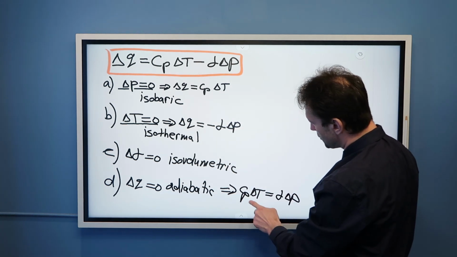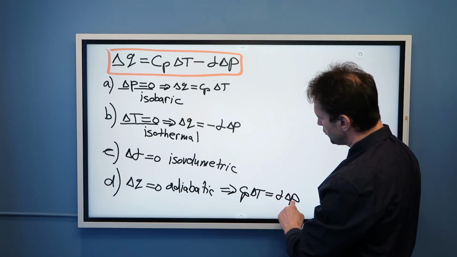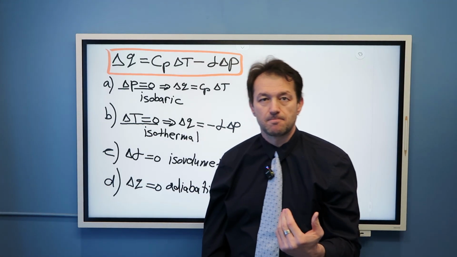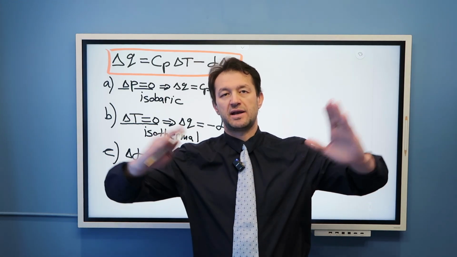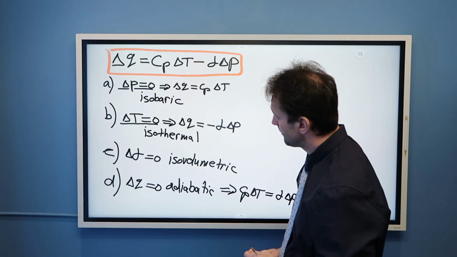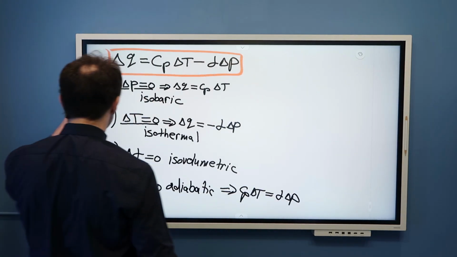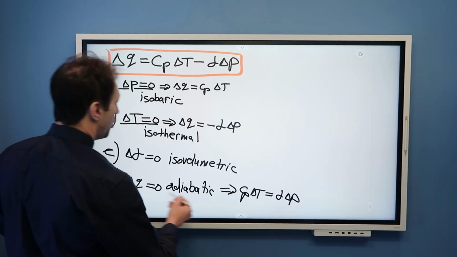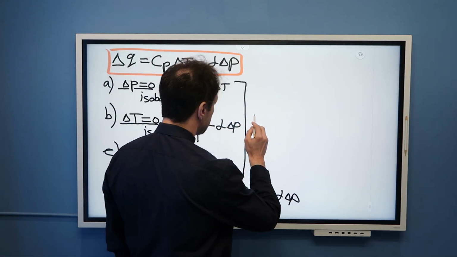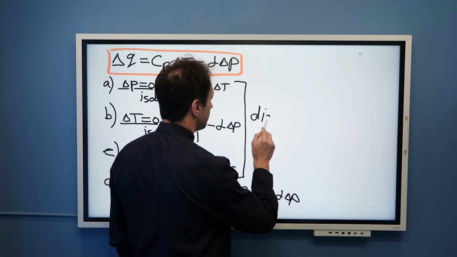Temperature can change, but that has to be associated with the change of pressure. And we will study adiabatic compression and expansion of an air parcel when the process is adiabatic. So that means processes A to C are not adiabatic. And how do we call them? We call these processes diabatic.